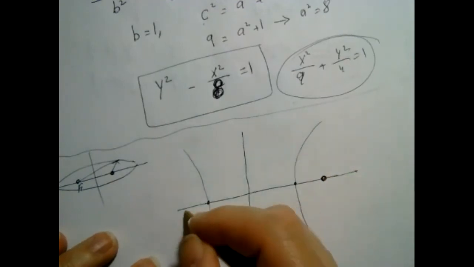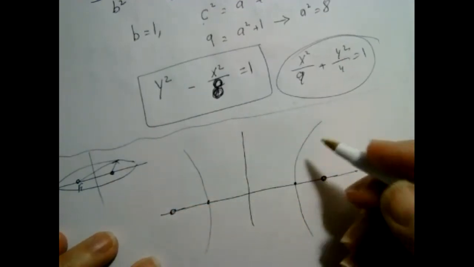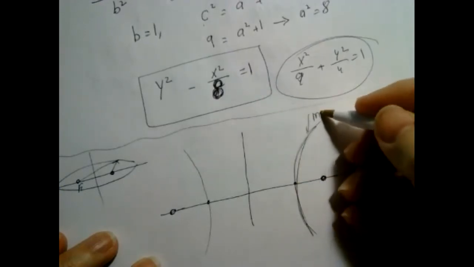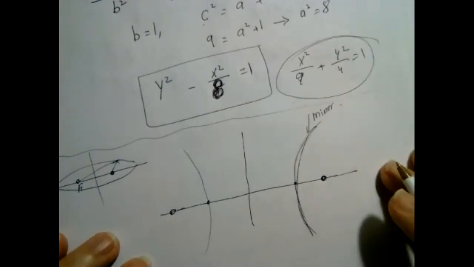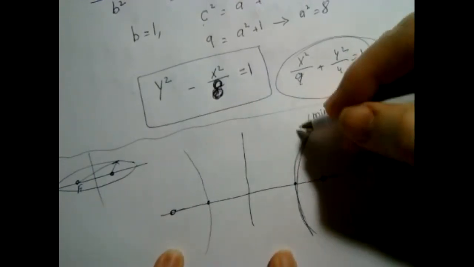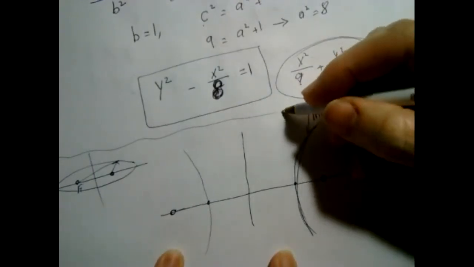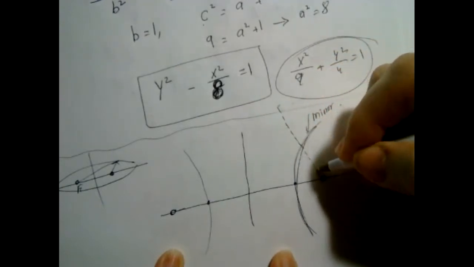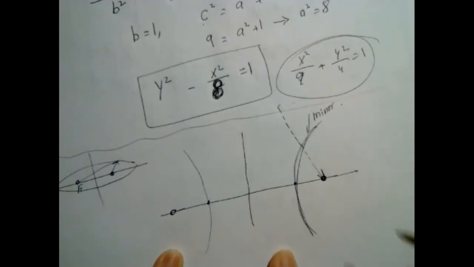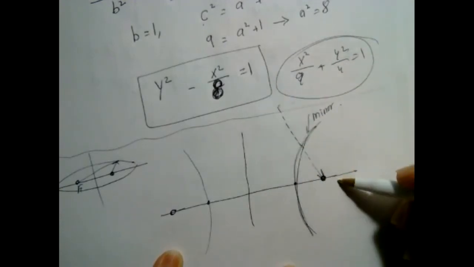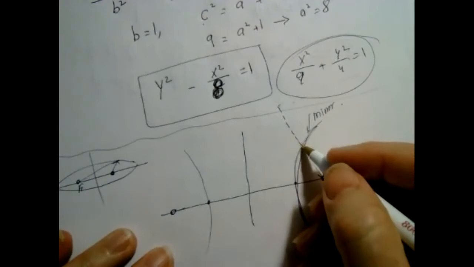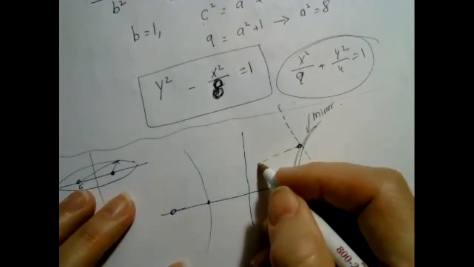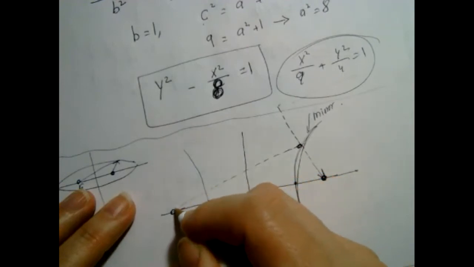Suppose the foci is here and that's another foci, and let us say this is a mirror. The property is that if you take a source of light and direct it toward one of the foci, when it hits the mirror, the light will reflect back to the second one.